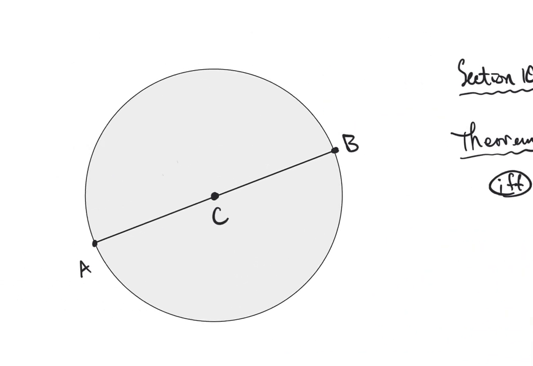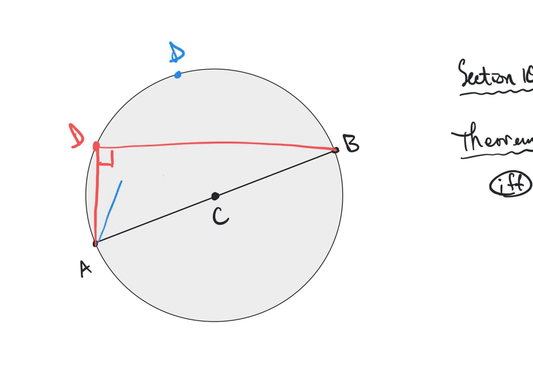So what's interesting is if I start you guys off with a diameter going from A to B through C, just like we had a second ago, then no matter where I place D, so if I place D right here and connect D to A and D to B with two chords, this must be a right triangle. If I were to place D up here somewhere and connect D to A and D to B, then this has to be a right triangle.